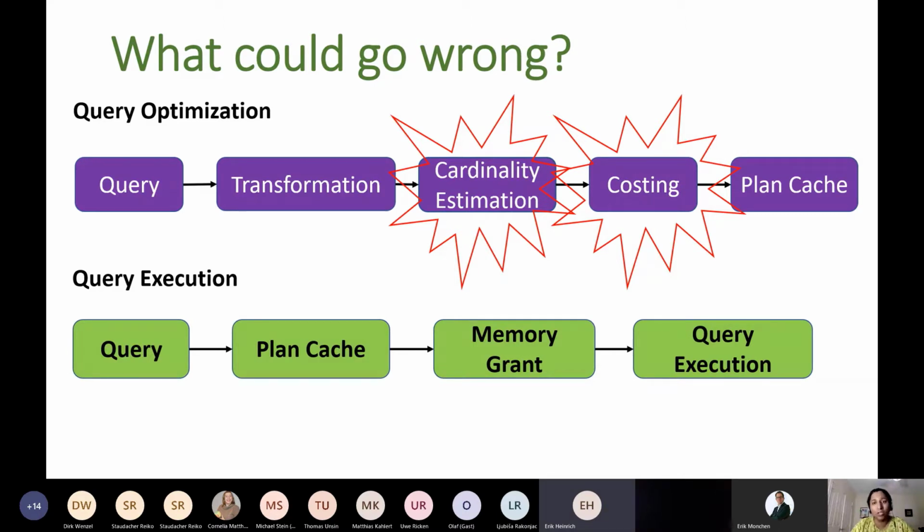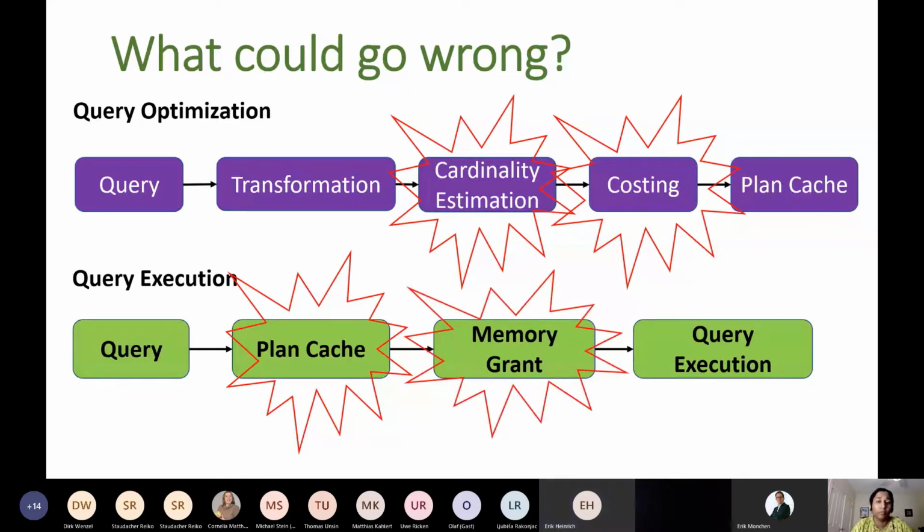Based upon this cost, with the wrong estimates, the non-optimal plan will be placed in the plan cache, and then the memory grant will be based upon that wrong cardinality estimate, 100 rows instead of 1 million rows. The memory grant will be allocated to the query in such a way that it only provides a small amount of grant, and because of that it will have to spill to the disk when it actually goes to the execution phase.